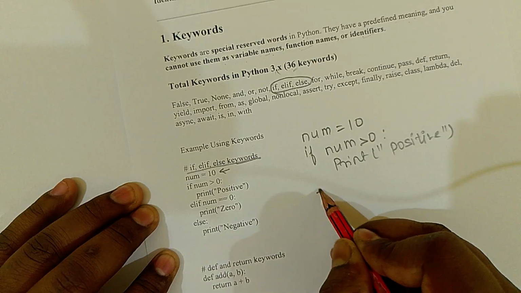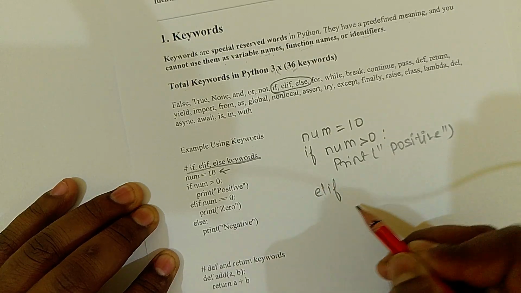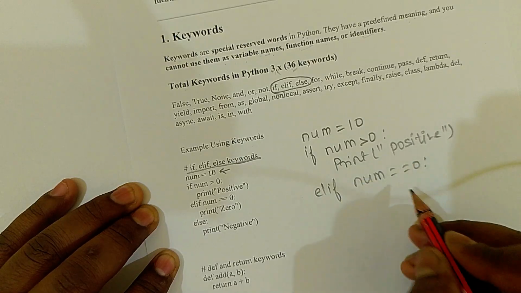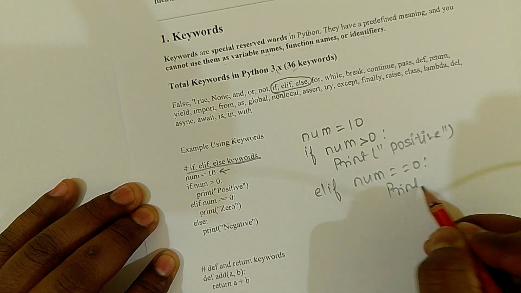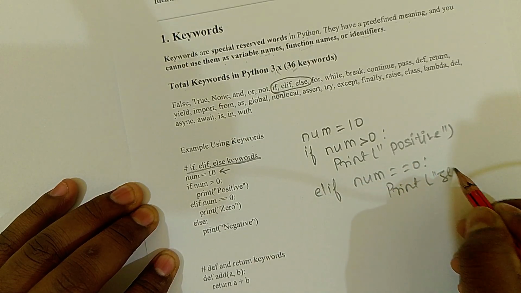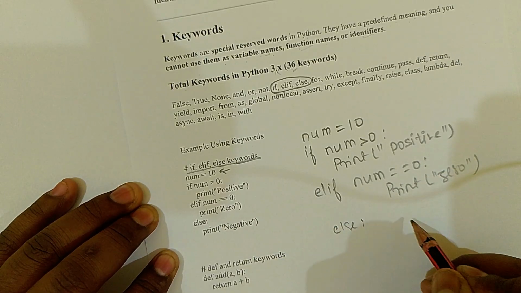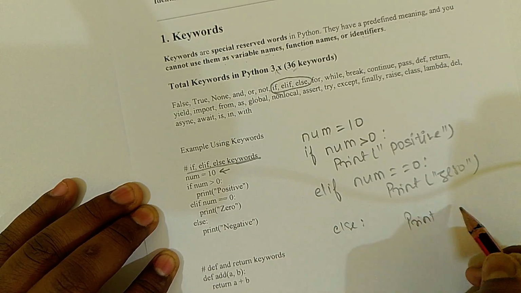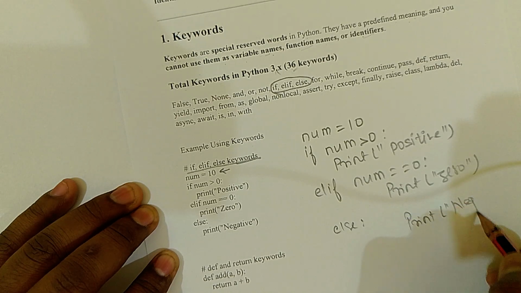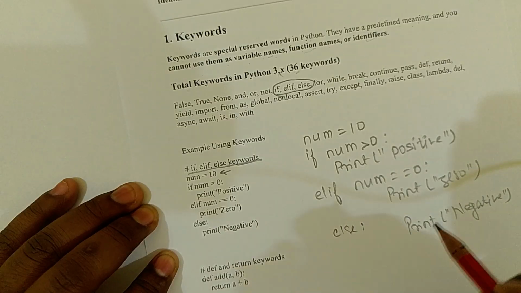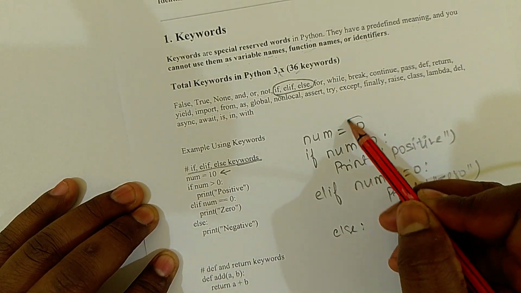Else if num is equal to 0 then print 0. Else print negative. Don't worry, I am just explaining the things. I have taken 10.